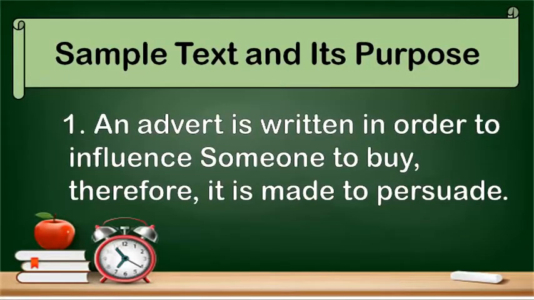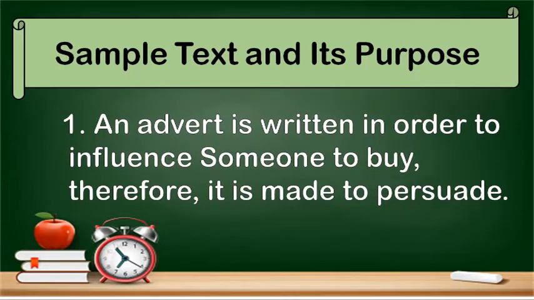So the next topic is about the sample text and its purpose. Number one, an advert is written in order to influence someone to buy. Therefore, it is made to persuade. So the first purpose is to persuade, or persuasion. The number one goal for advertisements is to influence someone to buy more, like the advertisements of Shopee, or their promos like 11-11, 10-10, 9-9.